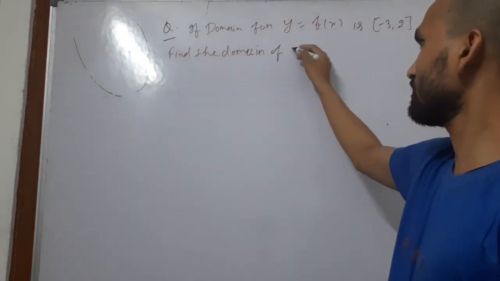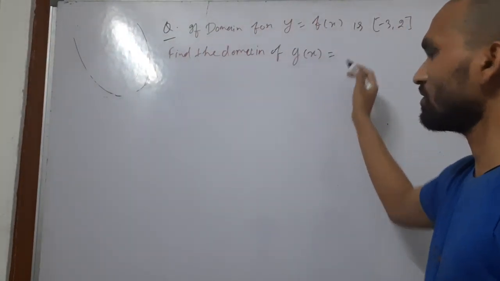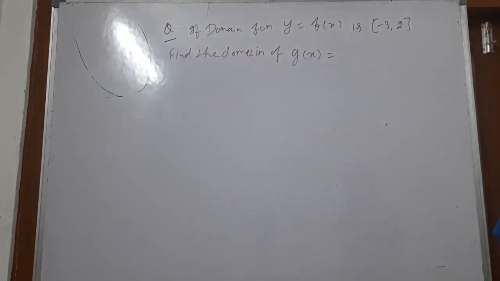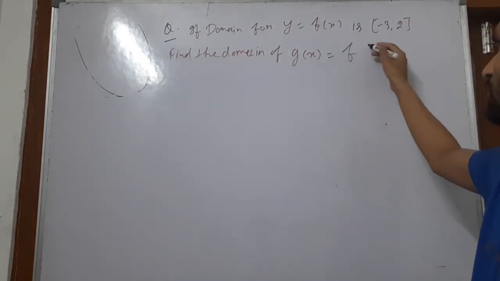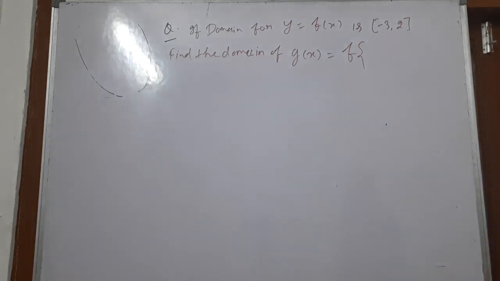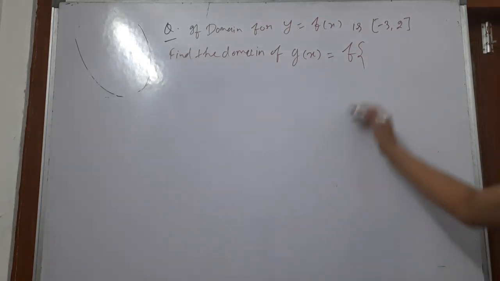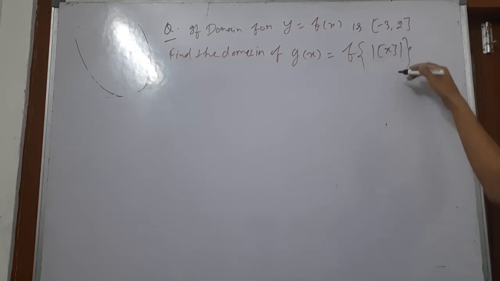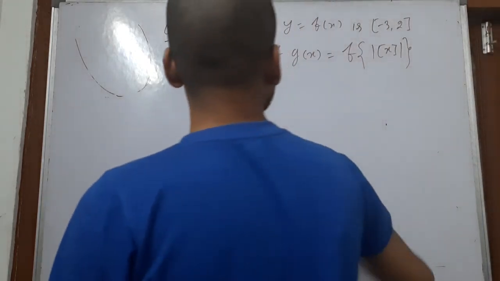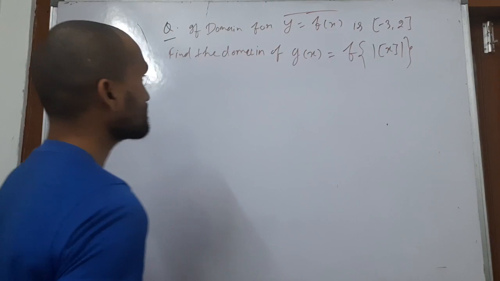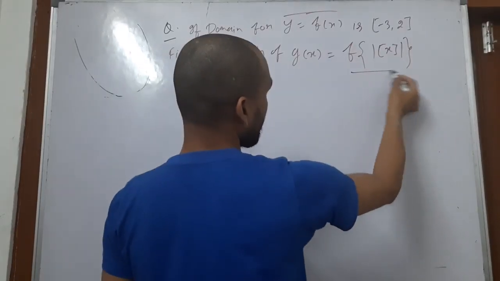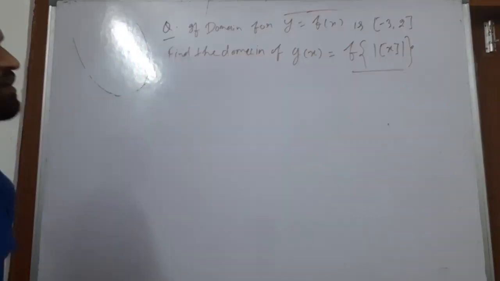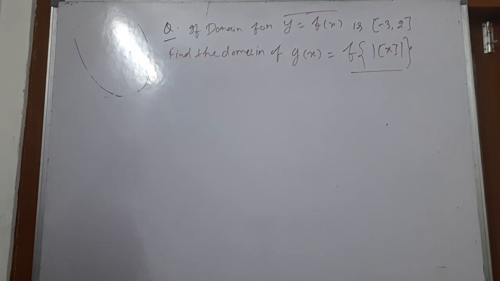of g(x) is equal to f of mod of greatest integer x. Okay students, we have been given the domain of y equal to f(x) and we have to find the domain of g(x) equal to f of mod of greatest integer x.